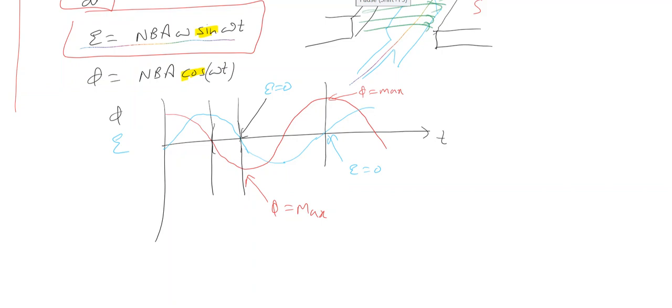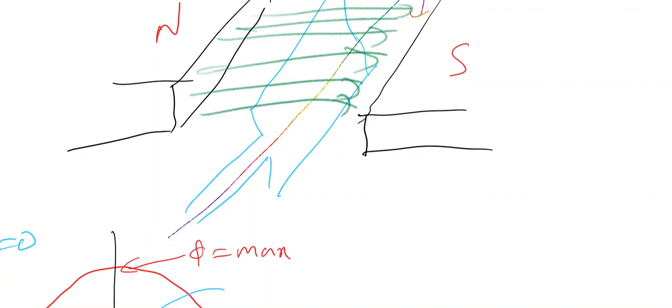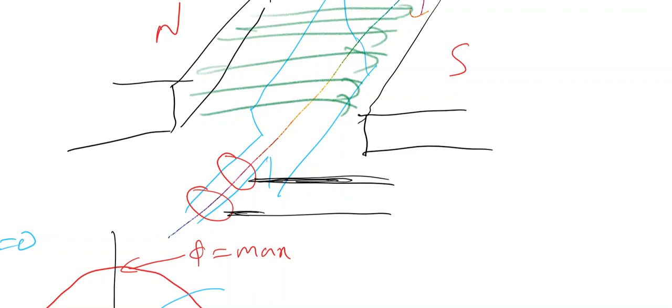Now, whatever EMF you have produced, how do we take it out of the generator? For that, two rings are placed here. The rings remain at the same place, and the carbon brushes, these black ones, are in contact with the rings.